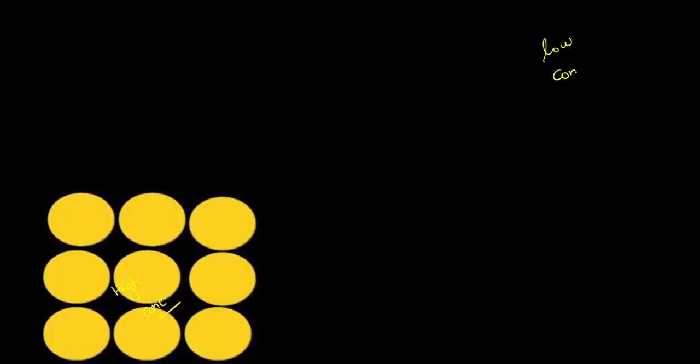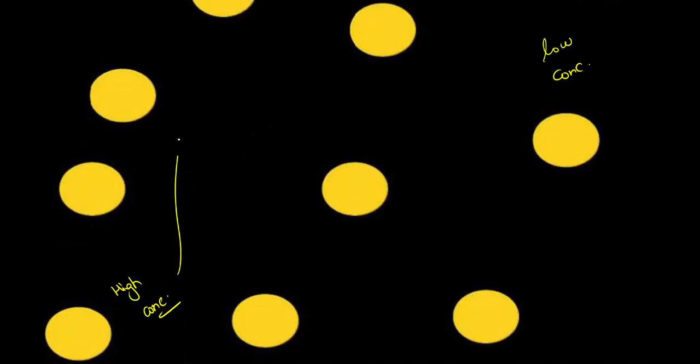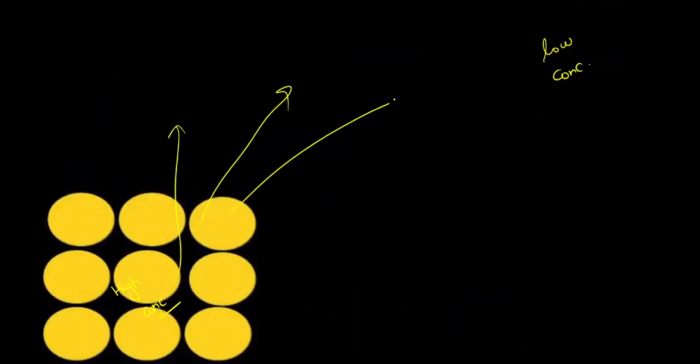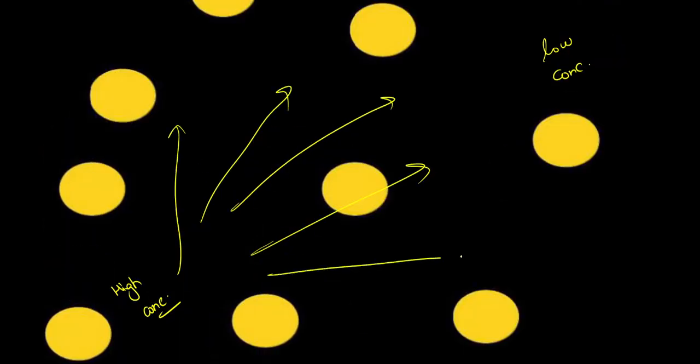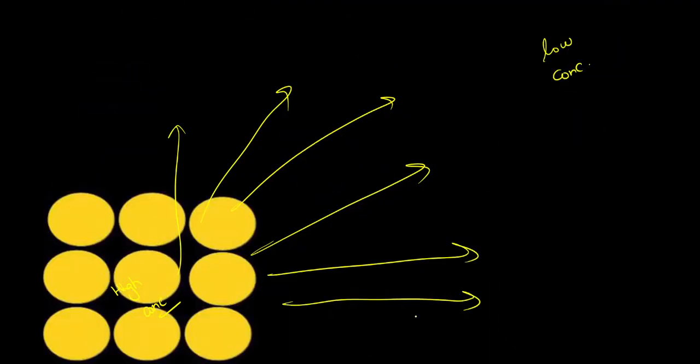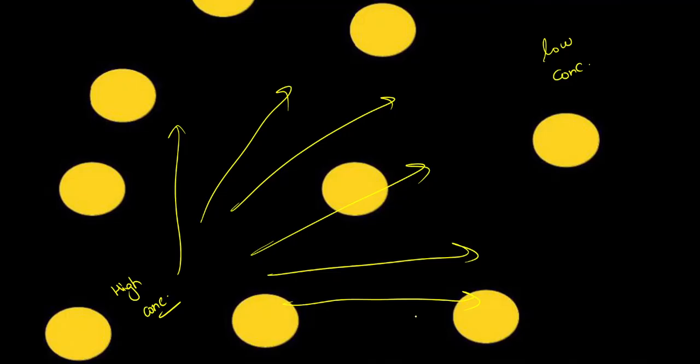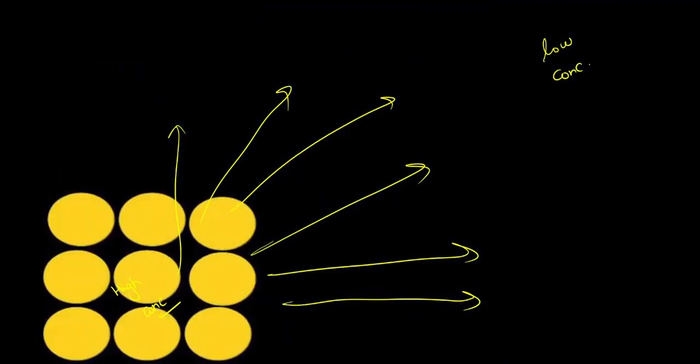Here there is high concentration of molecules, and here is low concentration. So diffusing molecules are diffusing in all directions toward the low concentration.